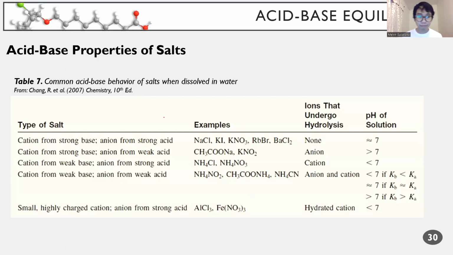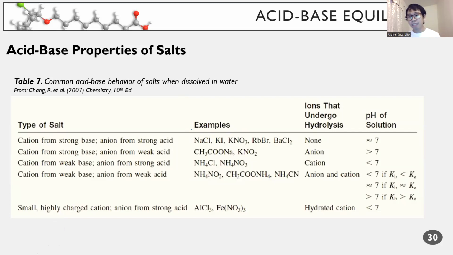Okay. So just remember for this part, you just have to consider the cations and anions that form our salt. Then from there you should be able to identify whether the ions will act as an acid or a base in water.